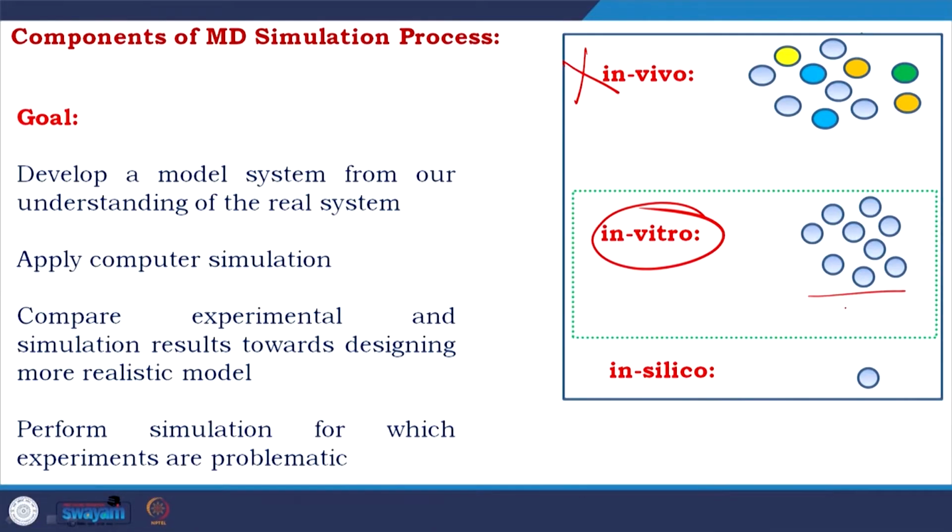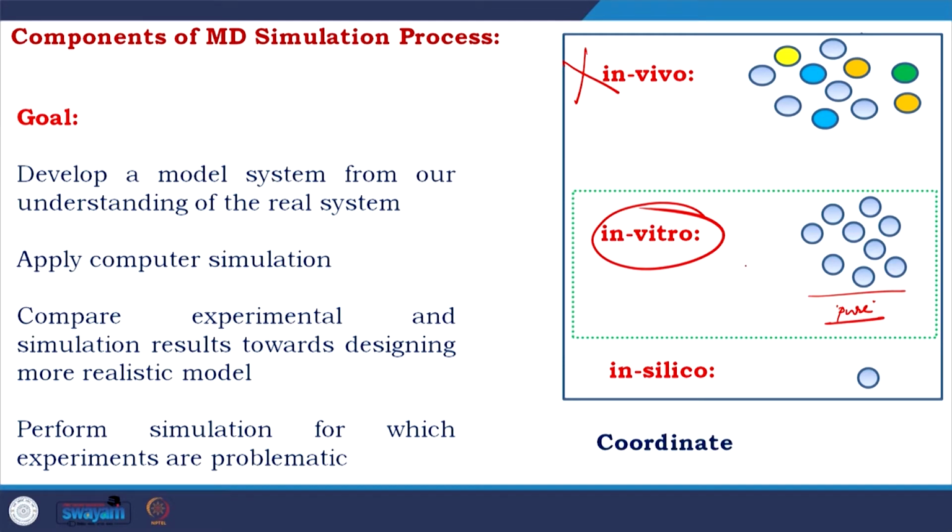Now, you perform the experiment using what we call pure protein. These data would be compared with the simulation result, where, as I repeatedly talk about, the number matters.